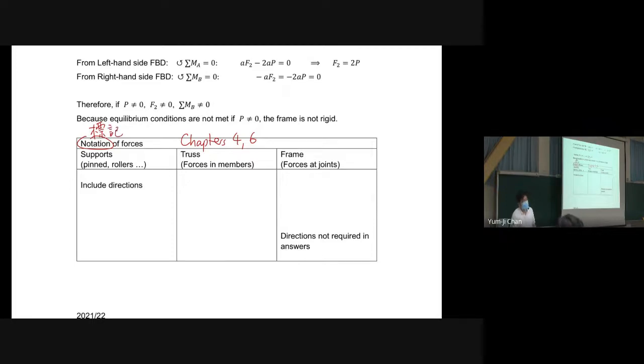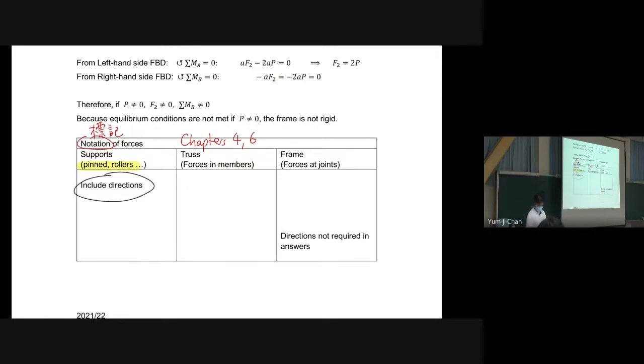In chapter 4 we talk about supports, and we have pin support or roller support, these things, and you need to know which is which. You need to know what is a pin support, what is a roller support, and so on. Now, for marking those support forces, you need to include the direction.